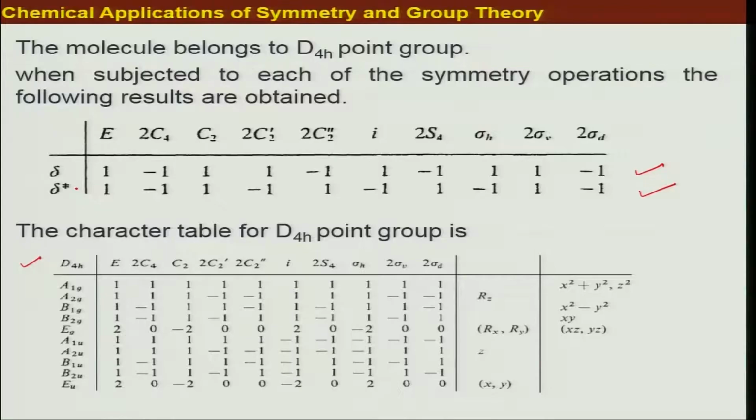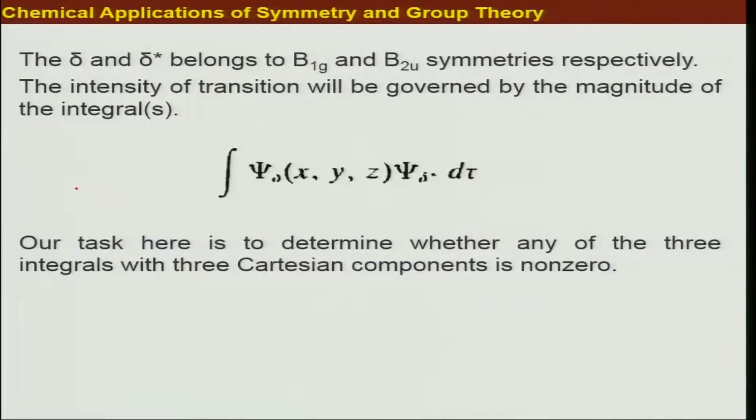That is given here. Delta belongs to B1g and delta star belongs to A2u symmetry. So we have got the irreducible representations of the two orbitals which form the HOMO and LUMO.